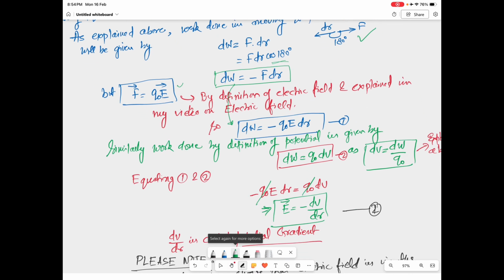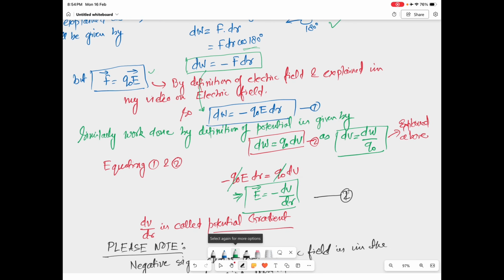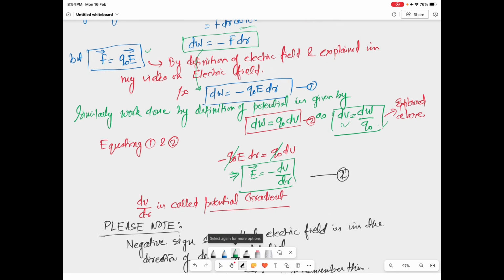But at the same time, I have explained the electric potential also. Electric potential is nothing but the work done by a unit positive charge in bringing it from infinity to that point. So for a small work done, dV is given by dW by Q naught. So the same dW value I have substituted here as Q naught into dV, and here Q naught into E into dr. So equating equation 1 and 2, Q naught gets cancelled.